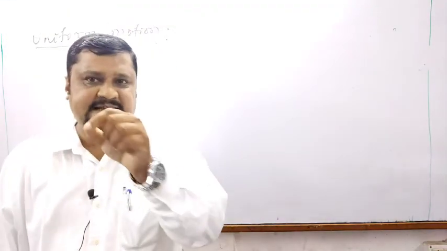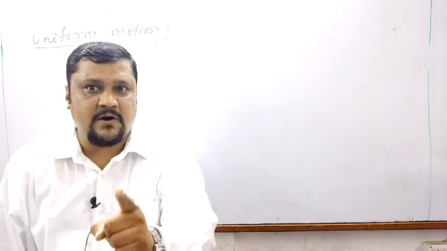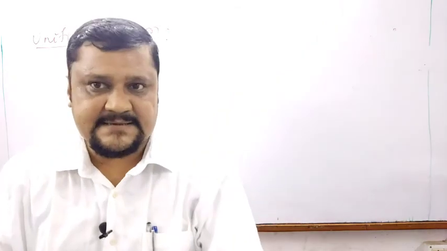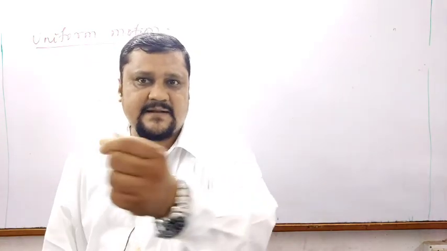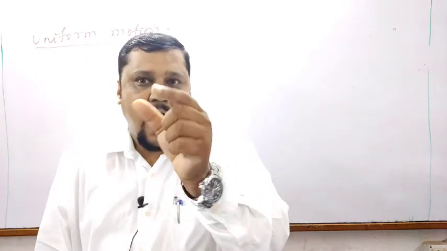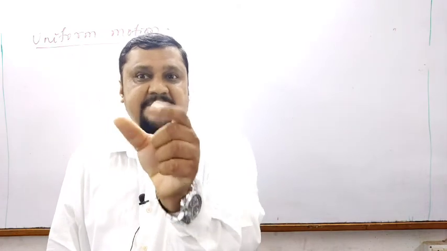Uniform motion. The motion of a body is said to be uniform motion if it covers equal distances in equal intervals of time, however small these intervals may be.